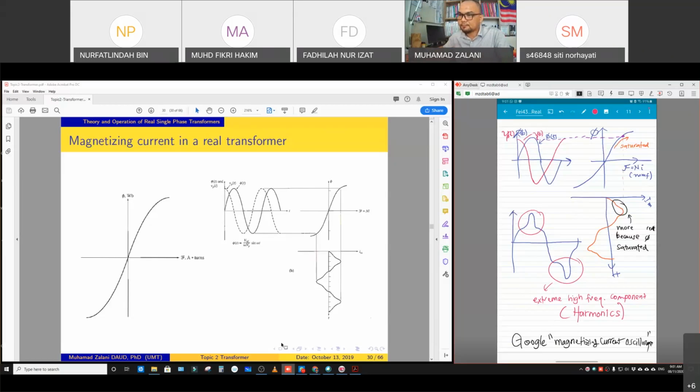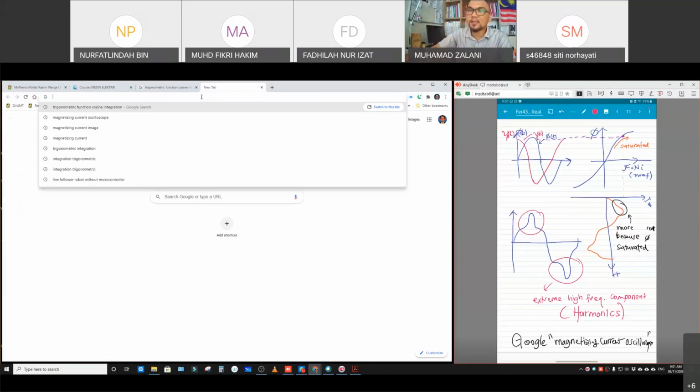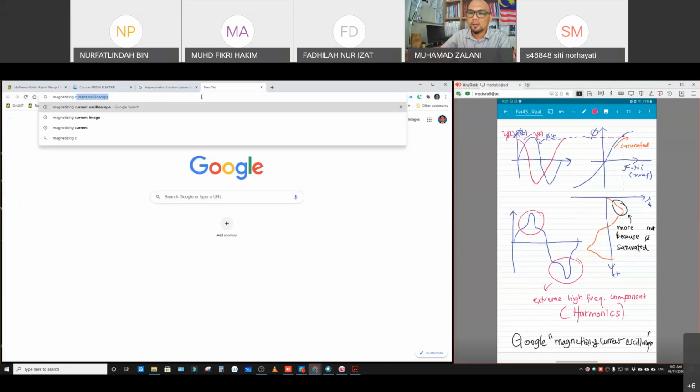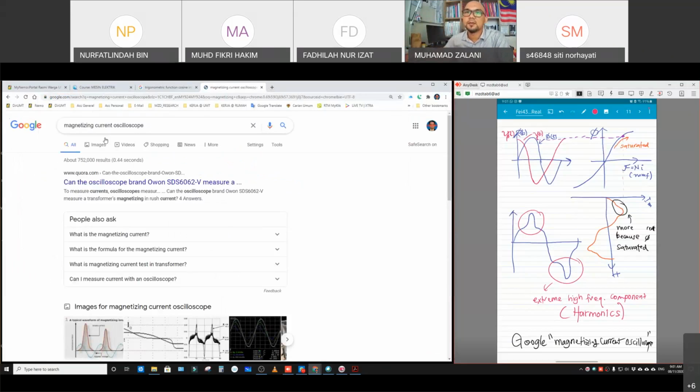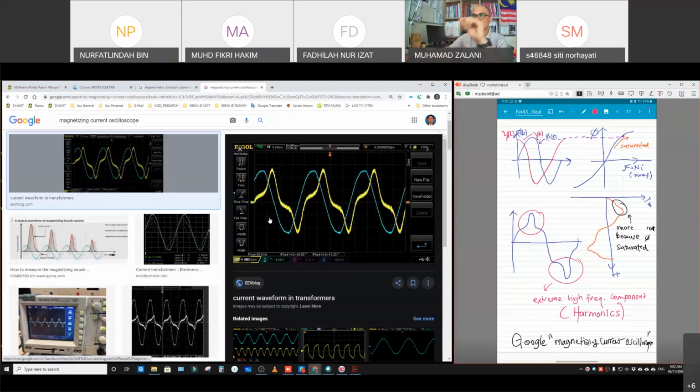Let me just search Google for the magnetizing current on the oscilloscope. As you can see in this image, this is the current supplied to the transformer, which is not a pure sine function, but a sine function with harmonics.